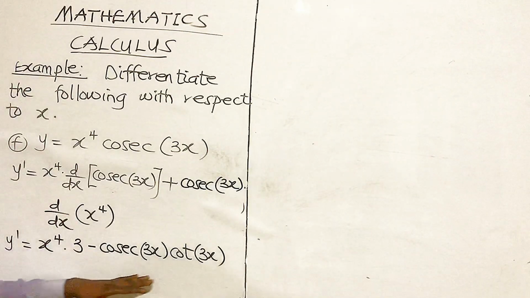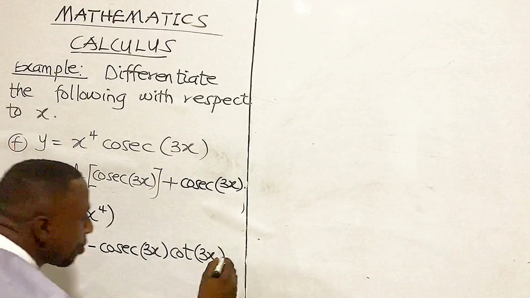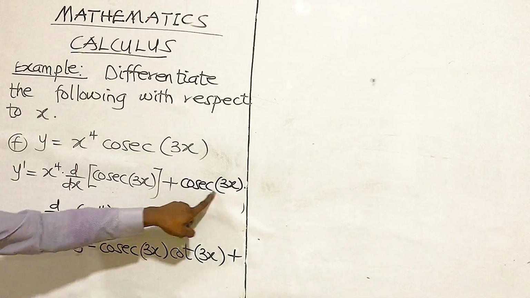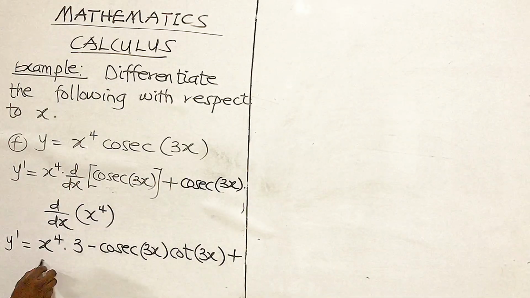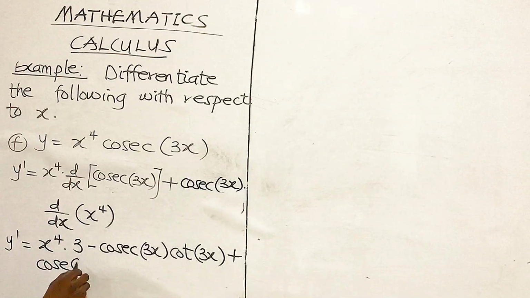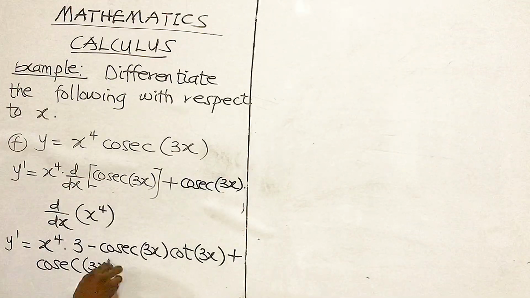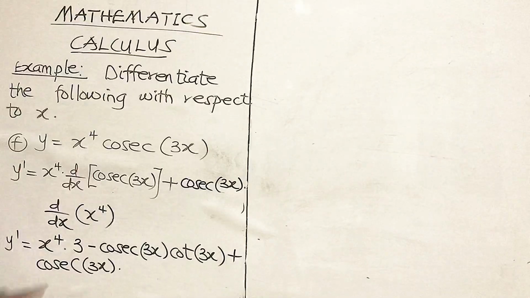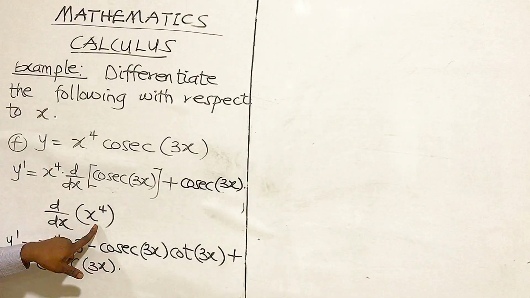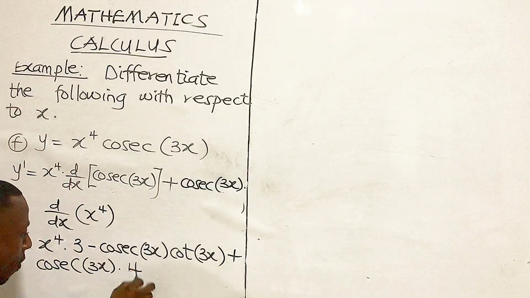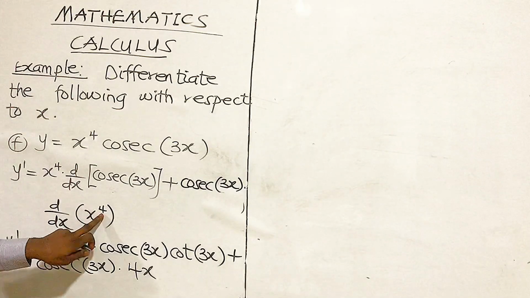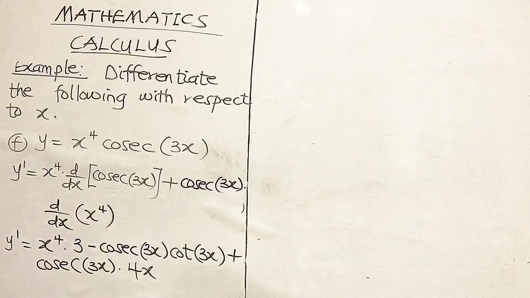And this is the differential. Plus, what I have here is cosec 3x multiplying the differential of x power 4. When I differentiate this, I multiply by the exponent, so I have 4x, then I take 1 from the exponent, getting 3.